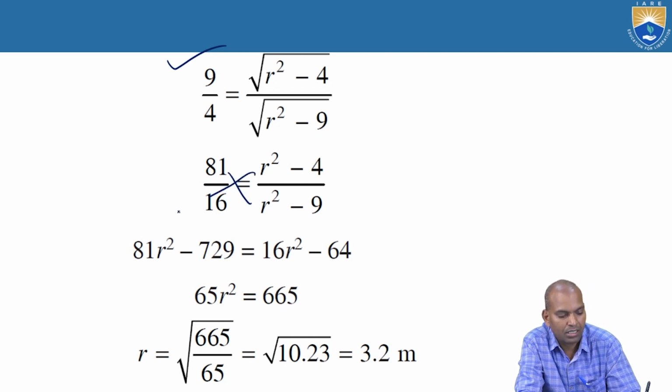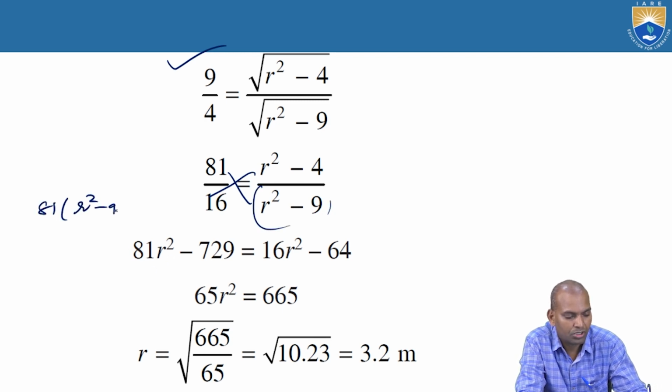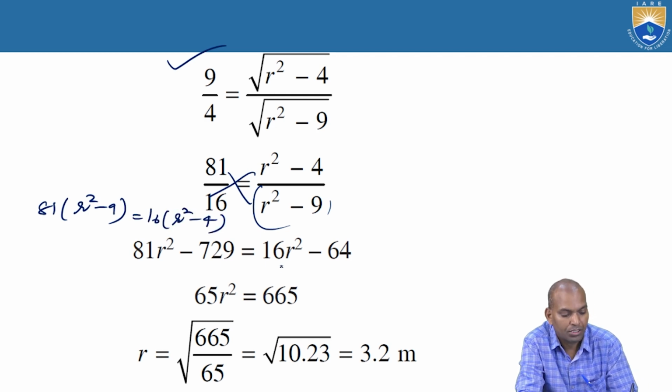Cross multiplying, 81 times (r square minus 9) equals 16 times (r square minus 4). Then 81 r square minus 81 times 9, that is 729, equals 16 r square minus 16 times 4, that is 64.